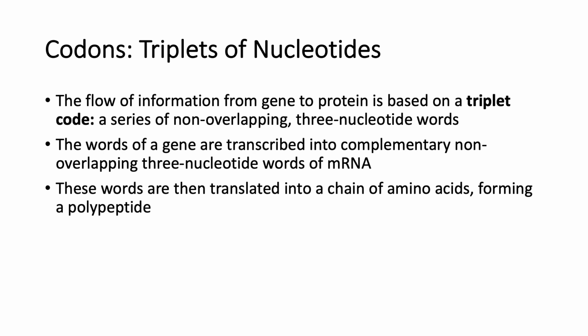The flow of information from gene to protein is based on a triplet code, which is a series of non-overlapping 3 nucleotide words. The words of a gene are transcribed into complementary non-overlapping 3 nucleotide words of mRNA. These words are then translated into a chain of amino acids, forming a polypeptide.